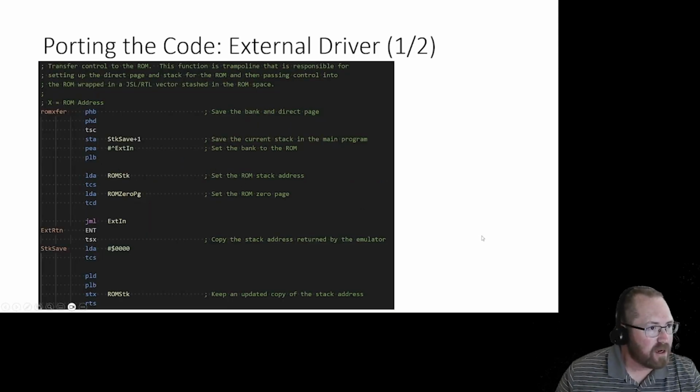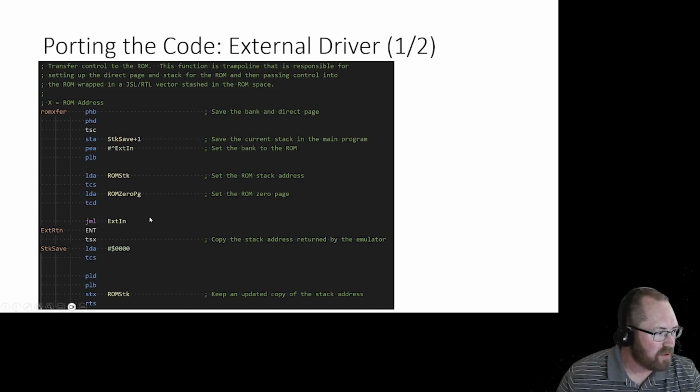All right, so then the next step, like I said, once we have the ROM code itself working the way we want to, now the question is, how do we drive it like the NES hardware? So the main thing is we need to come in and every VBL interrupt execute the game logic.